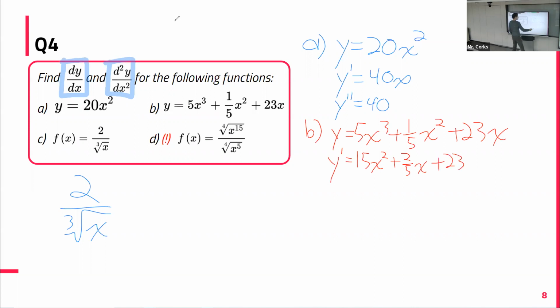Just using our sum rule now, do each derivative independently and then add them up afterward. Second derivative, 30x plus 2 over 5. That's it. Okay, take some more time and try to solve the last two. We're going to have to remember some exponent rules to solve the C and D here.